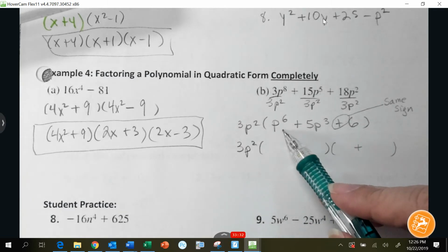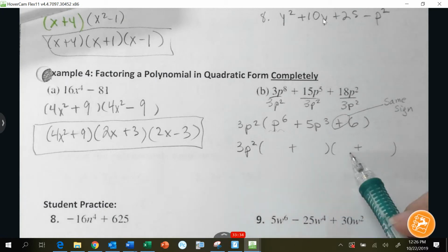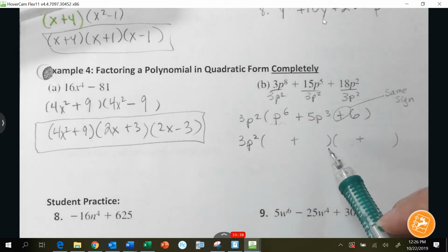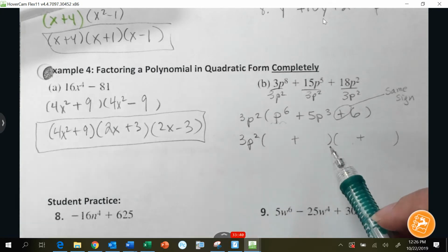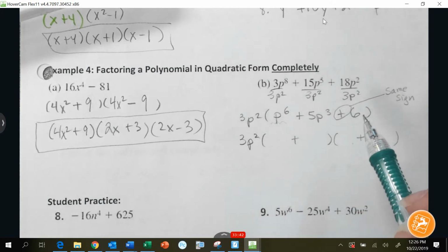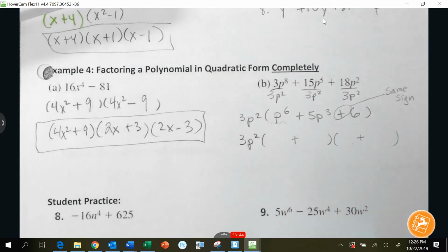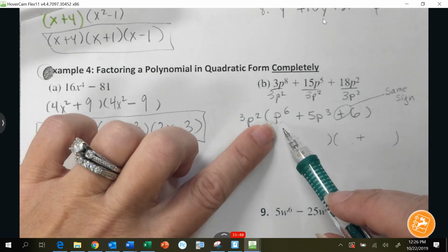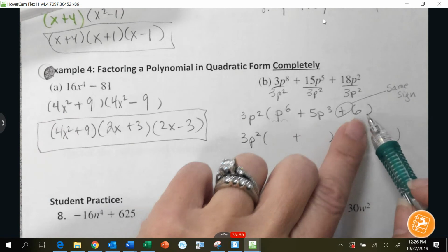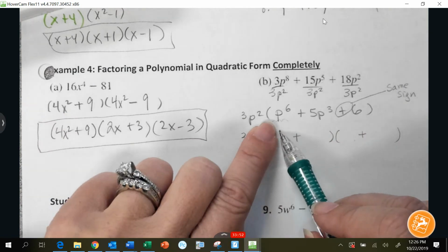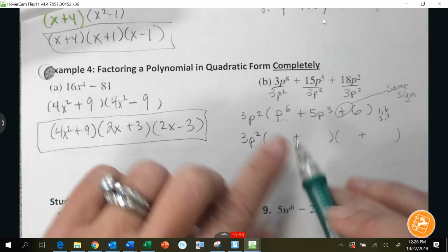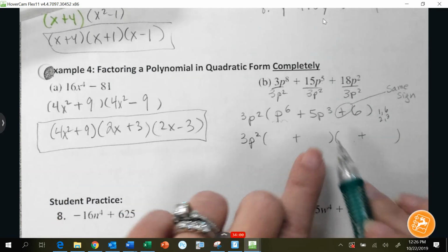I'm going to look at p to the 6th. What can I possibly multiply together that will give me p to the 6th? I think you're thinking just multiplying numbers, but we're multiplying p's. To get p to the 6th. Yeah, to get 6 would be 1 and 6 or 2 and 3, for sure. But how do we get p to the 6th? And in the middle, we have p to the 3rd.